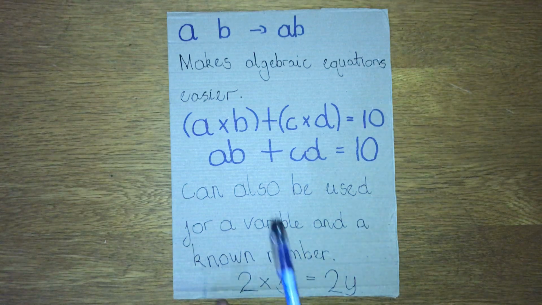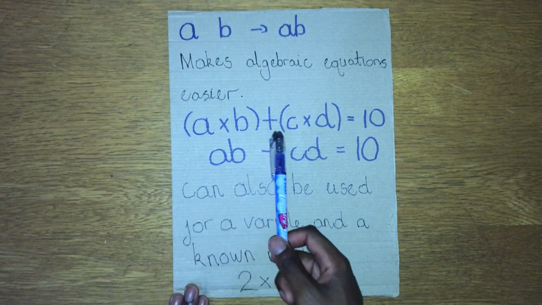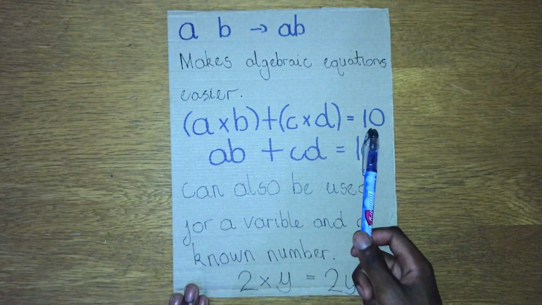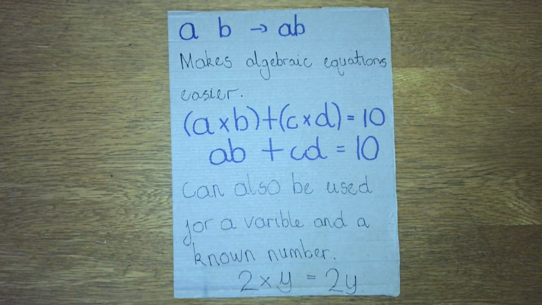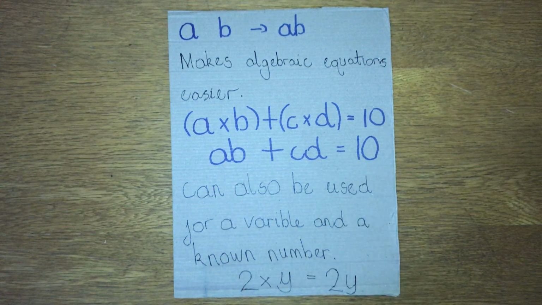Where we have a messy, in brackets, A times B plus C times D is equal to 10, it can simply be simplified as AB plus CD is equal to 10. It can also be used for a variable and a known number. 2 times y can be simplified as 2y.